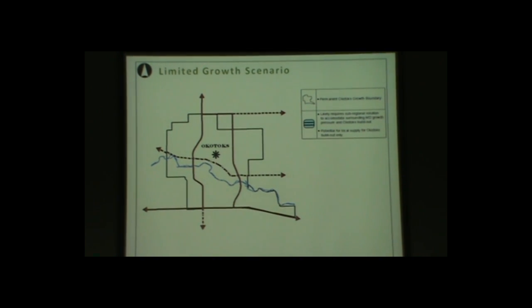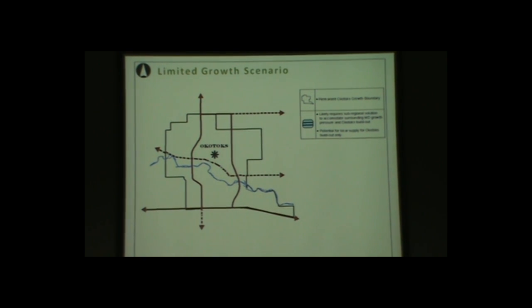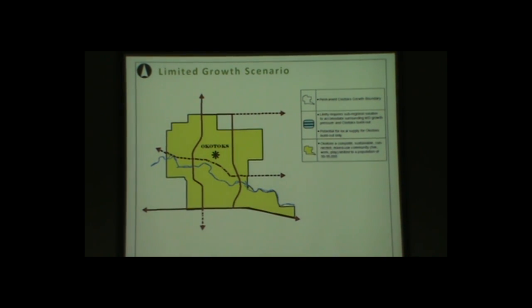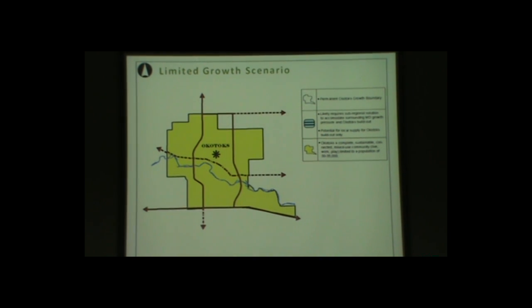There certainly is potential for a local solution under this growth scenario. This slide shows how Okotoks would grow out over the next number of years. Okotoks was planned and would be developed as a complete, sustainable, connected, mixed-use community where one could live, work, and play. And the resulting population would be somewhere between 30 and 35,000 people.